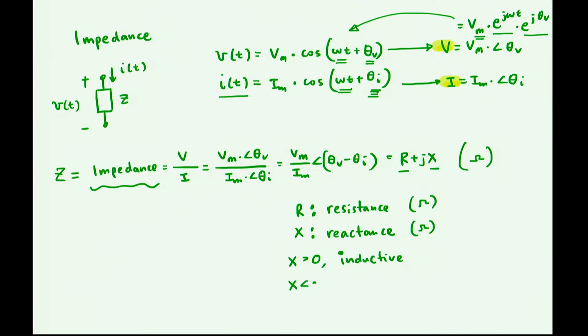Okay, if X is smaller than 0, then it is a capacitive component. 好，所以像我们刚刚的电容，for the capacitor we mentioned that the impedance is equal to 1 over j omega c, which is minus j times 1 over omega c, which is a negative imaginary part. So it means that this component is capacitive.